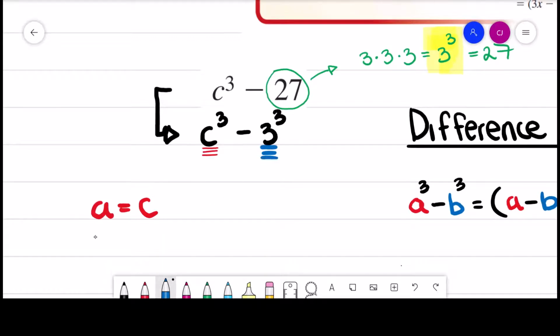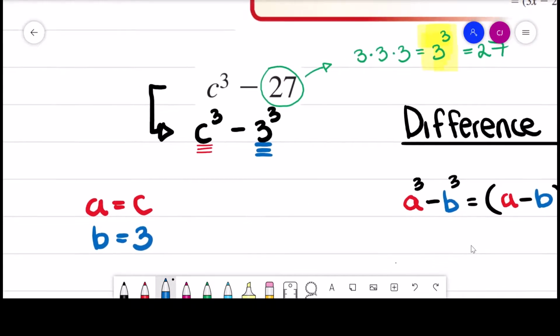With respect to the factoring pattern, I know that my b is equal to 3. So I found the key pieces that I need in order to then rewrite my polynomial in factored form.